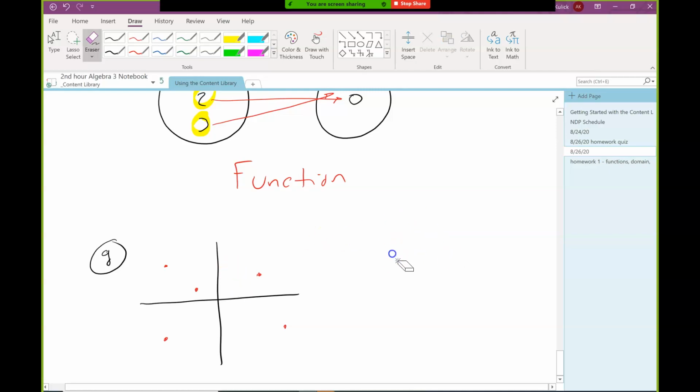So the tool that we'll use for graphs is something called the vertical line test, that I abbreviate as VLT.